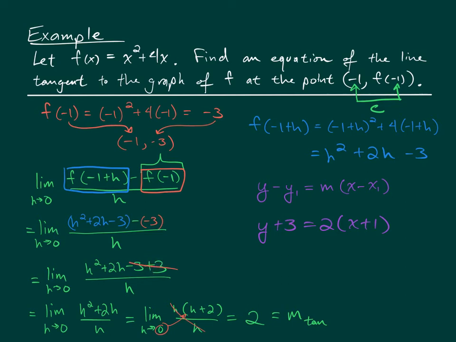Now, if you like slope-intercept form, here is the equation of the tangent line in slope-intercept form. And now that I think of it, you will want to put your answers of any tangent lines in slope-intercept form.